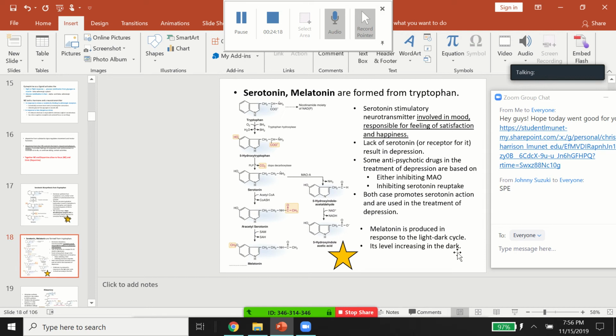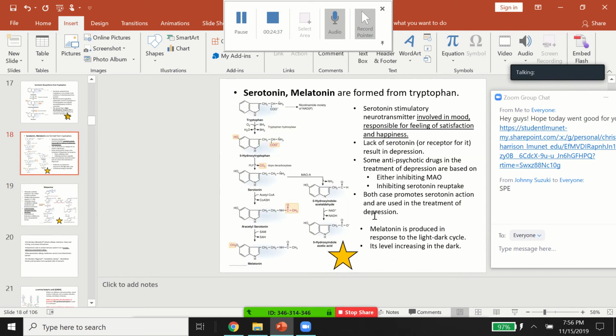That's why it says produced in response to light-dark cycle, because when it's dark you want to fall asleep, so your melatonin builds up and allows you to go to sleep easier and faster. So I would just know what each of them is responsible for. I would just know what melatonin is for and what serotonin is for. I don't think she really asked anything about specifics as far as how they're made.